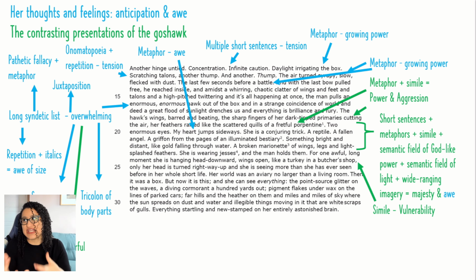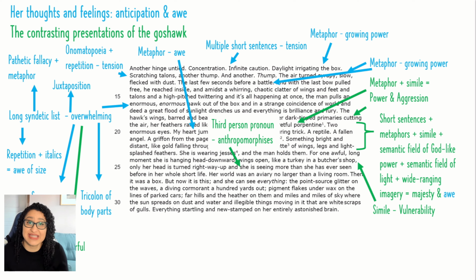And what we are told is that she is seeing more than she has ever seen before in her whole short life. So you've got that juxtaposition between whole, of everything, and then short, of very brief, that really reinforces the innocence that she has, the vulnerability of this bird because, you know, it's so young.